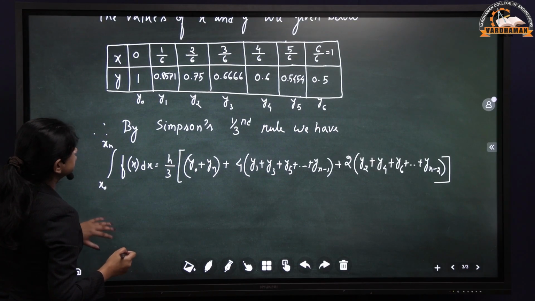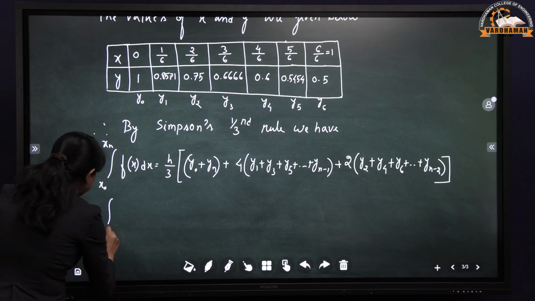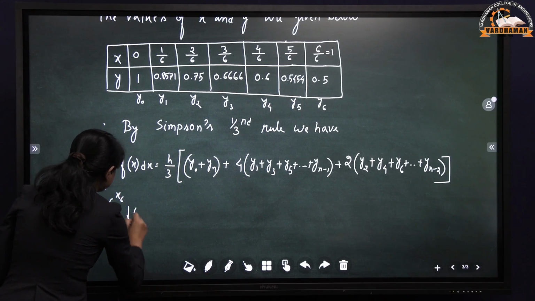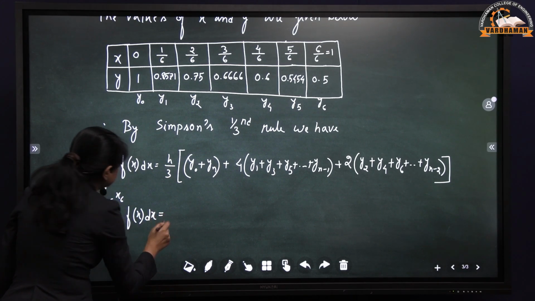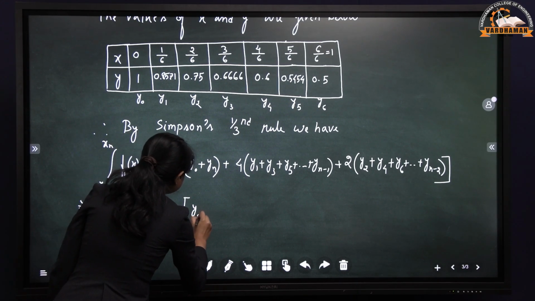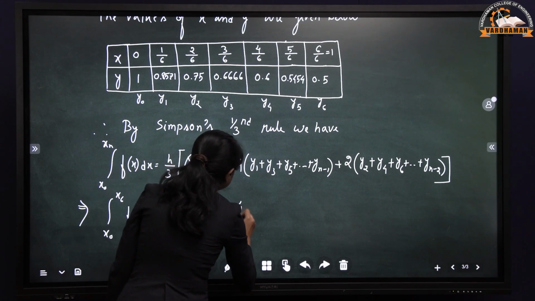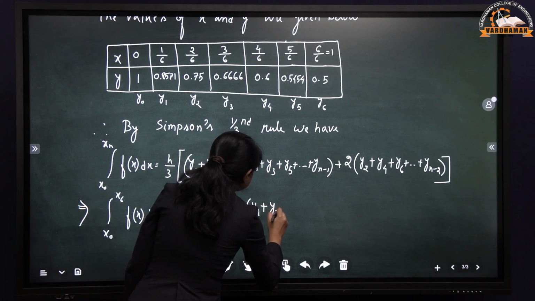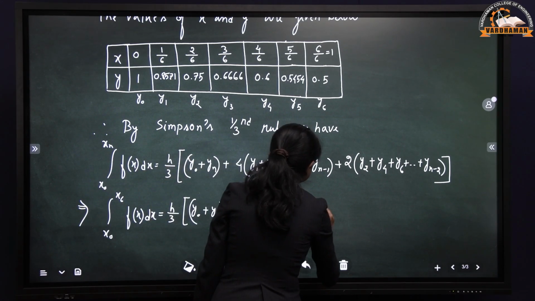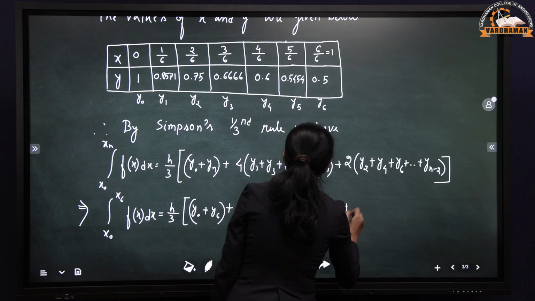As here we have till x6, x0 to x6 f of x dx is equal to h by 3 [y0 plus y6 plus 4 into (y1 plus y3 plus y5) plus 2 into (y2 plus y4)].